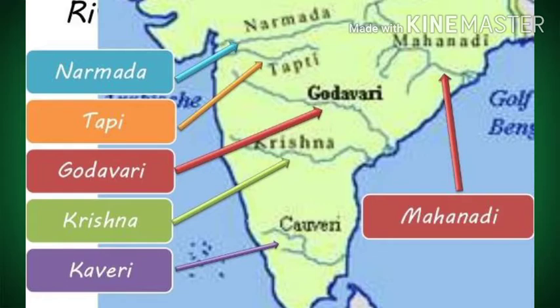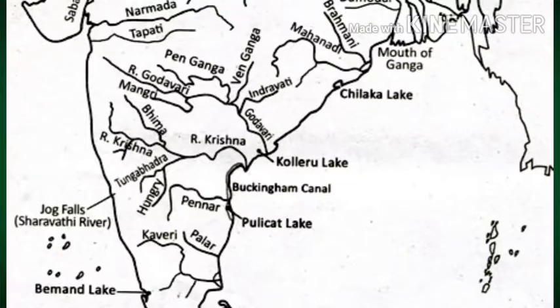It is 1465 km long with a catchment area spreading over 3.13 lakh square kilometers. 49% of this lies in Maharashtra, 20% in Madhya Pradesh and Chhattisgarh, and the rest in Andhra Pradesh.